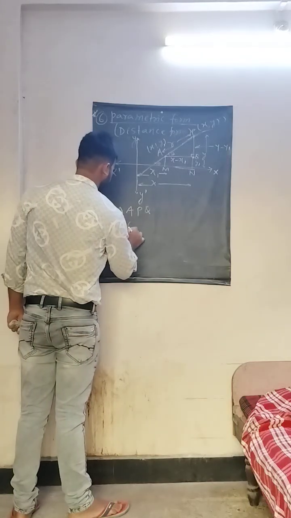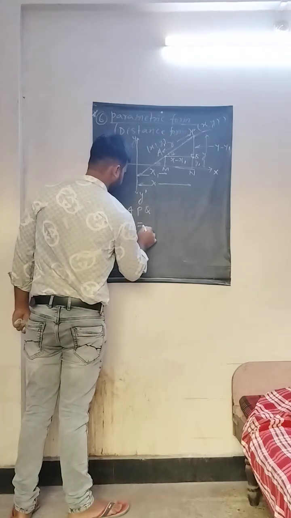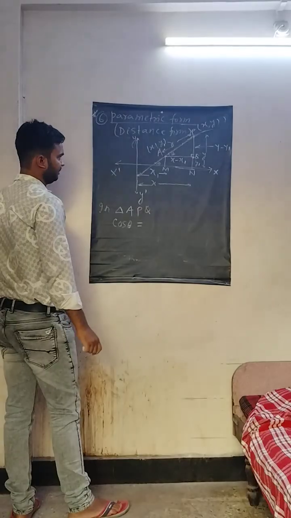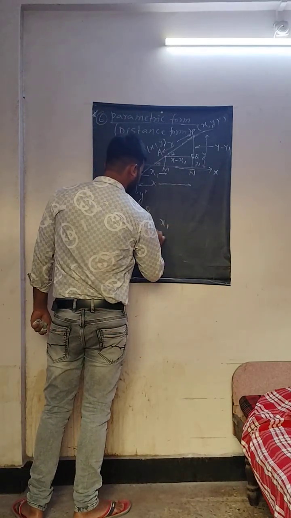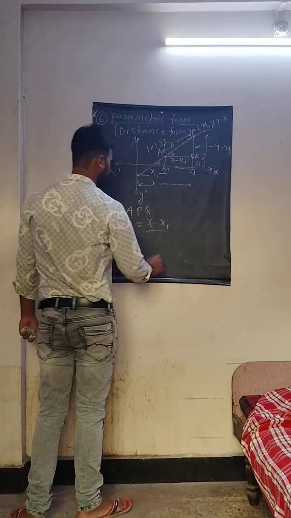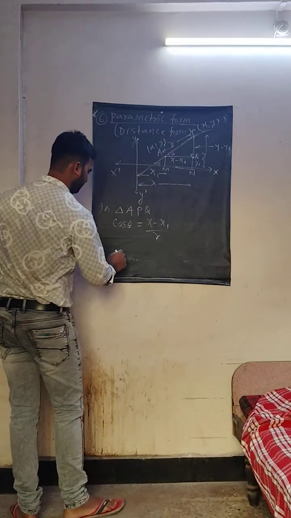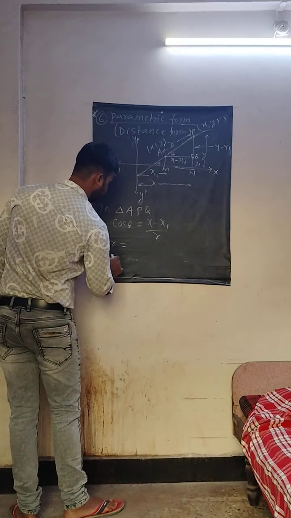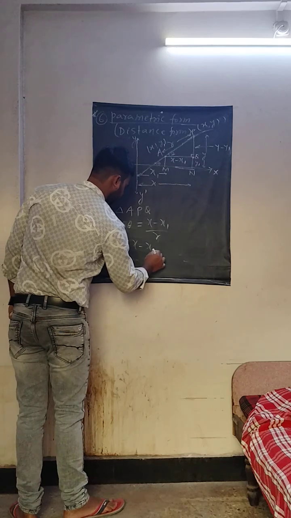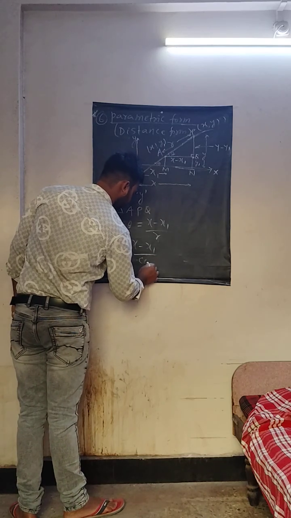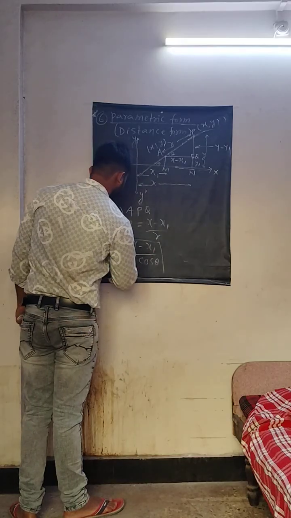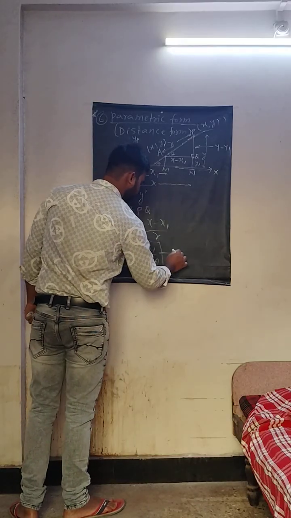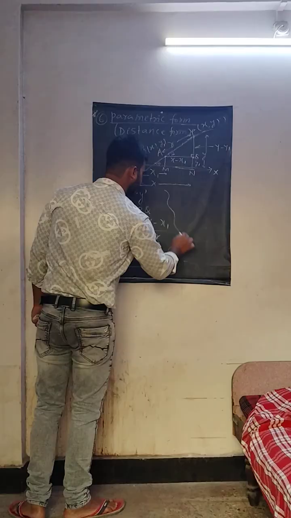Tell me what is cos theta? Cos theta is base upon hypotenuse. Base is x minus x1, hypotenuse is r. Here r is x minus x1 by cos theta. This is equation number first.